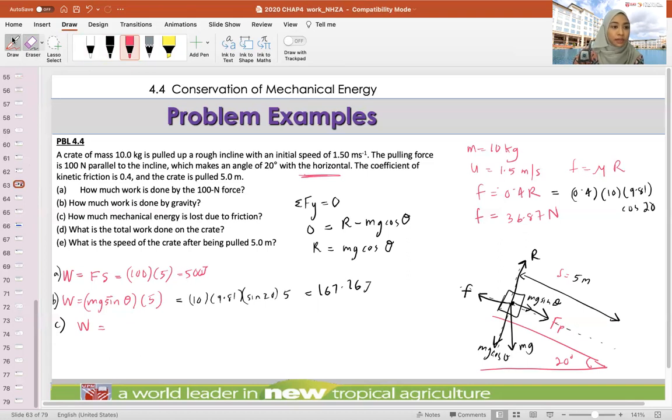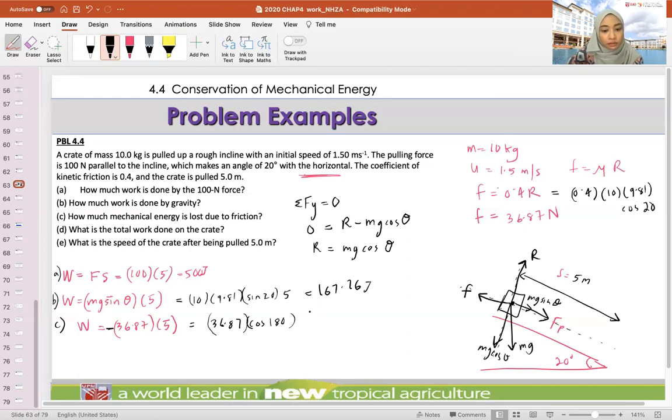You just work with the values. So friction is 36.87 times 5. And because they are opposite directions, I know that I need the negative sign. If I don't want to do it this way, I can say 36.87 cosine 180 times 5.